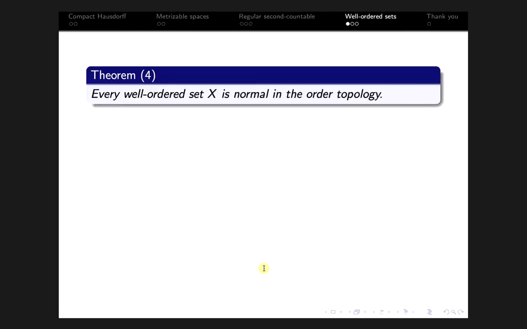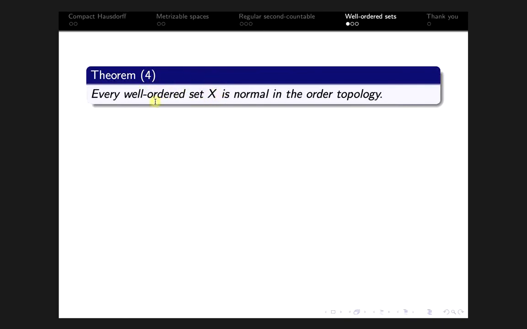So now this is the last theorem in this set of slides. The statement is: every well ordered set X is normal in the ordered topology. So X is a well ordered set. What is a well ordered set?